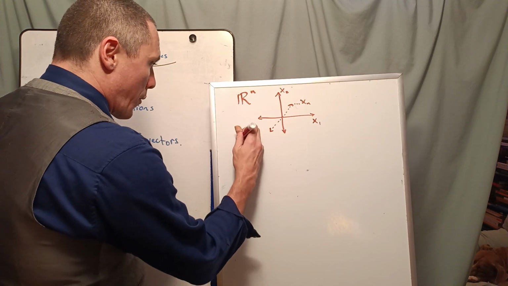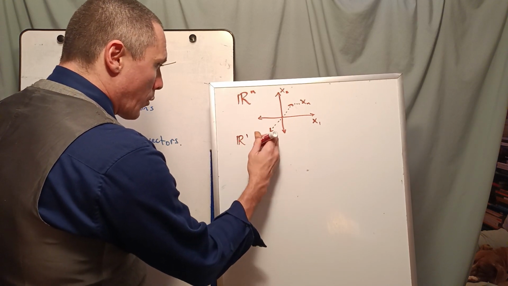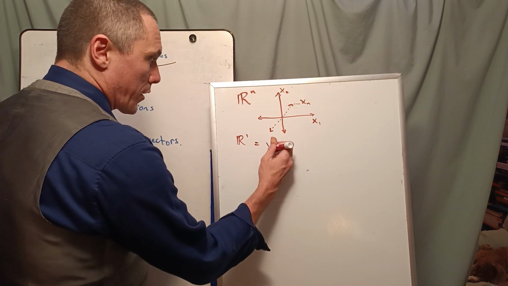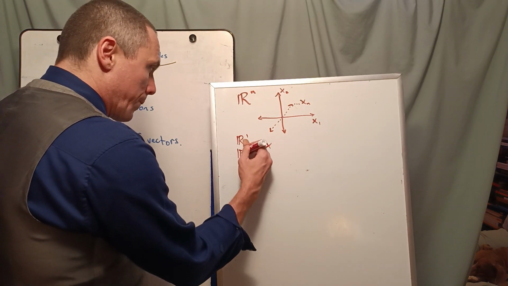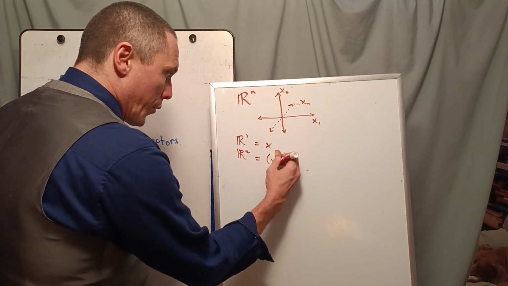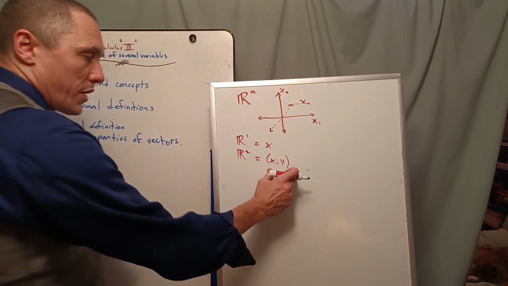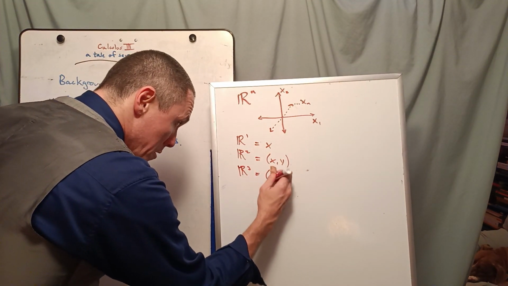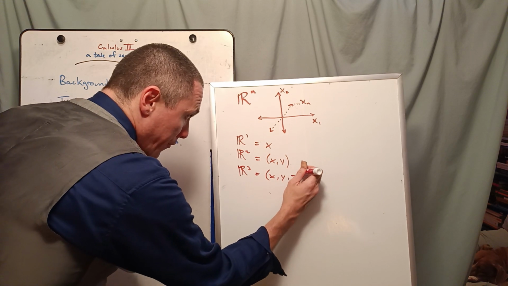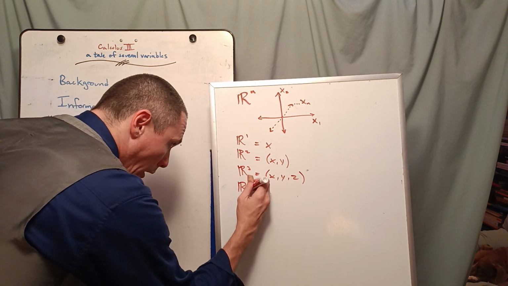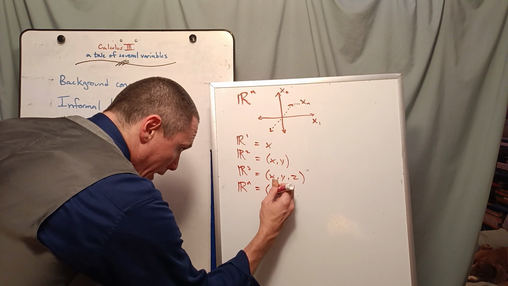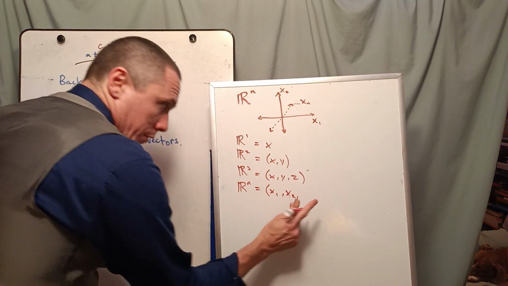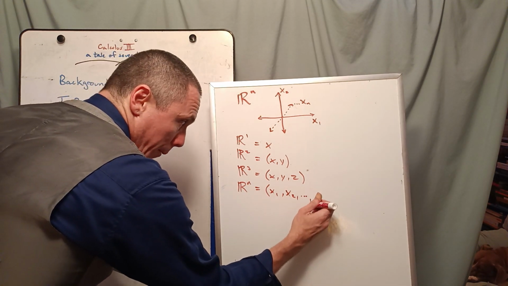So, for example, when we have R1, we generally didn't need any kind of special notation because R1 is just like a regular number. For R2, we would use a coordinate notation to indicate a point. For R3, another. But for larger n, generally we'll just write x1, the first variable, x2, the second variable, and so on up to xn.